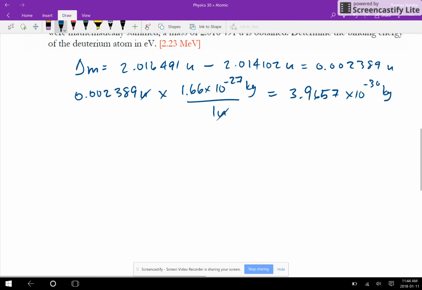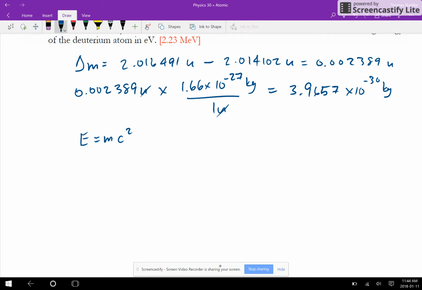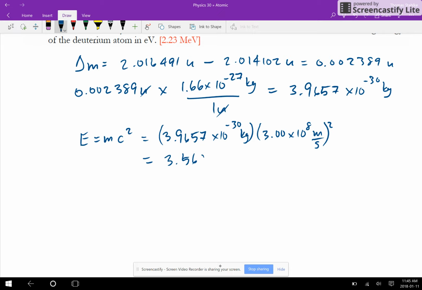Now, if we know the mass in kilograms, we can find the energy using our Einstein equation. So let's write this mass and multiply it by the speed of light squared. And that energy is 3.5691 times 10 to the negative 13 joules. So we have our energy in joules, and then we just simply need to switch that into electron volts to find this nuclear binding energy, or the energy equivalent to the mass defect.